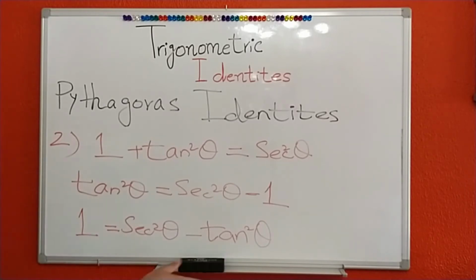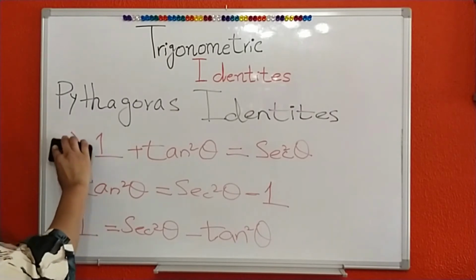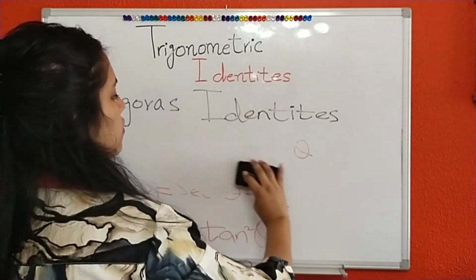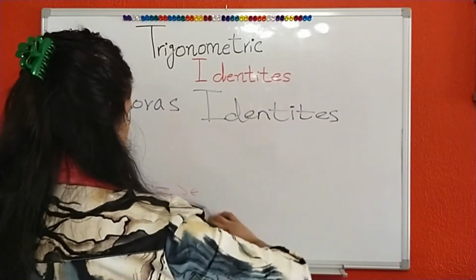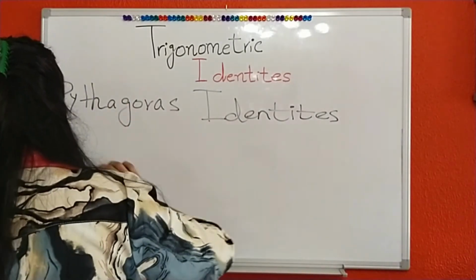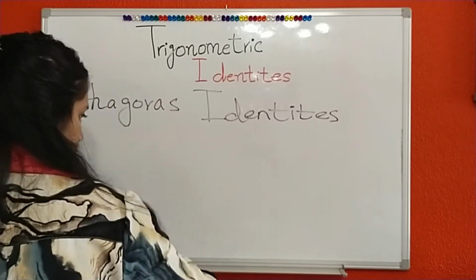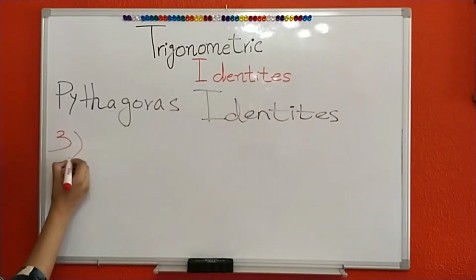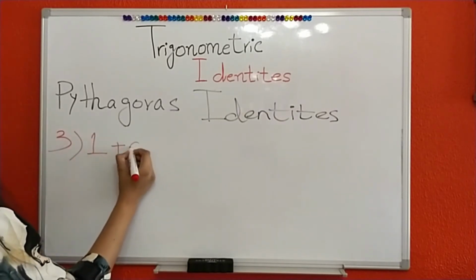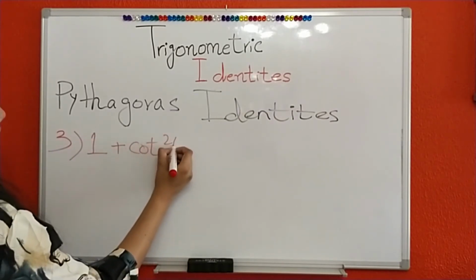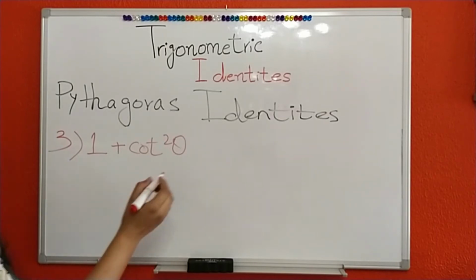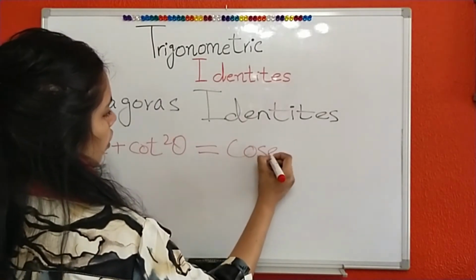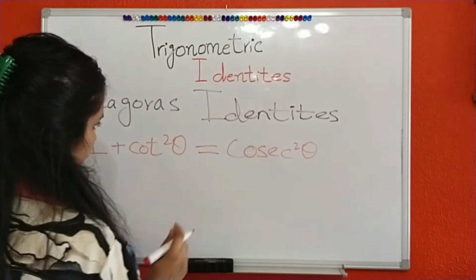Okay students, I am going to write the third Pythagoras identity. The third Pythagoras identity is 1 plus cot² or cotangent² is equal to cosecant² or cosec².